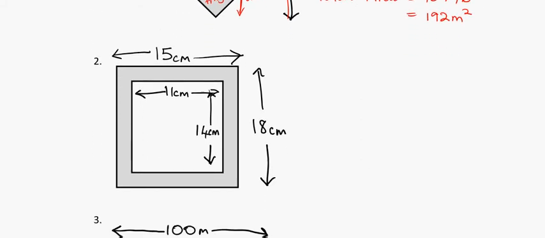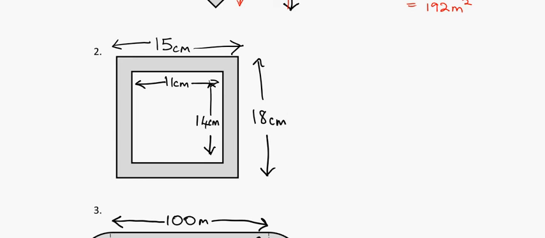Right, here we've got your classic picture frame, where you're finding the shaded rim around the outside. And so what you need to do in these is to find the area of the large, or the outer, triangle, rectangle, or square, or whatever it is, and subtract. You want this, find the area of the inner rectangle and take it away, and then you've got left with the border.